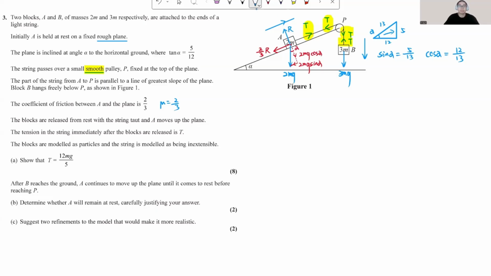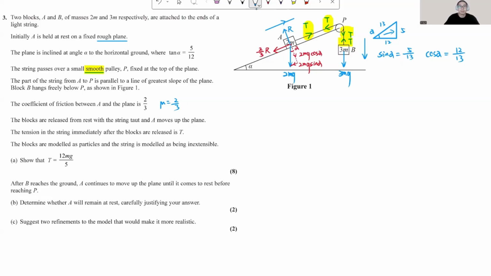That's the force acting on the system. Okay, and the tension in the string immediately after the blocks are released is T. Oh, we already labeled it T. The blocks are modeled as particles, and the string is modeled as being inextensible. Show that T is equal to 12mg/5.